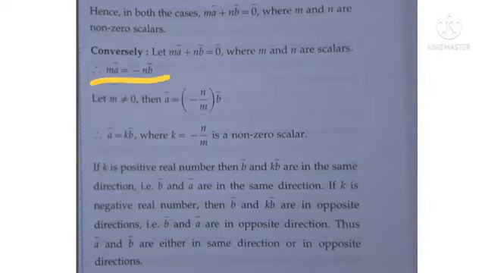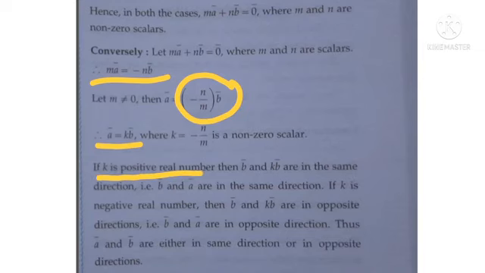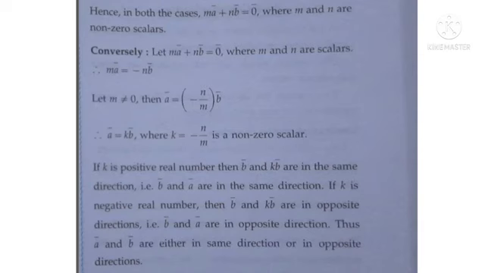Since m is not equal to 0, you can write a bar is equal to minus n upon m into b bar. That is, we can write a bar is equal to k b bar, where k is a constant, minus n upon m, a non-zero scalar. Here if k is a positive real number, then b bar and k b bar are in the same direction, so a bar and b bar are also in the same direction.